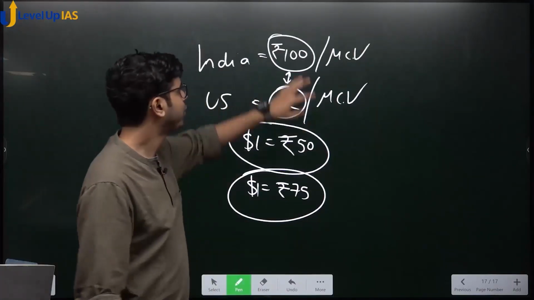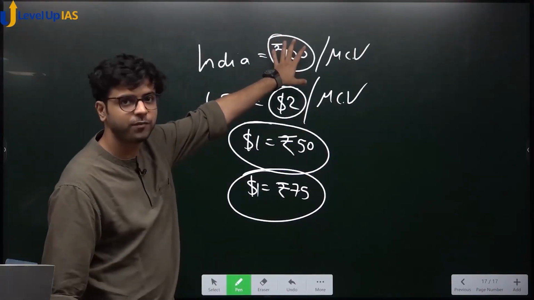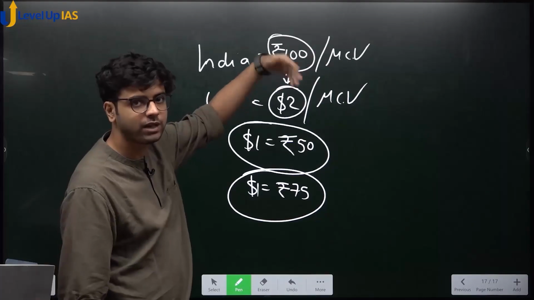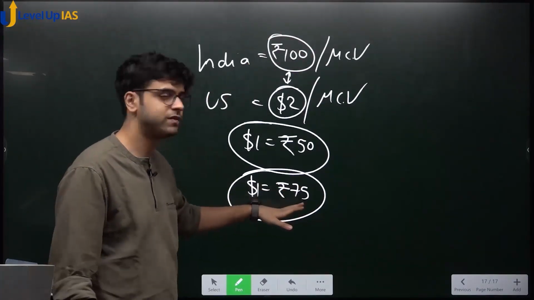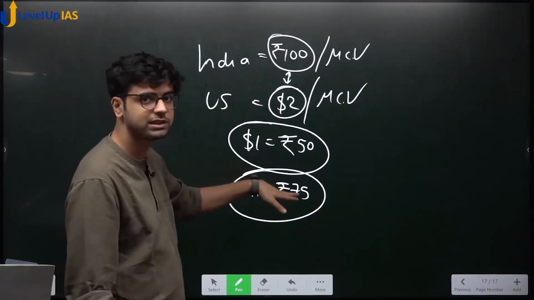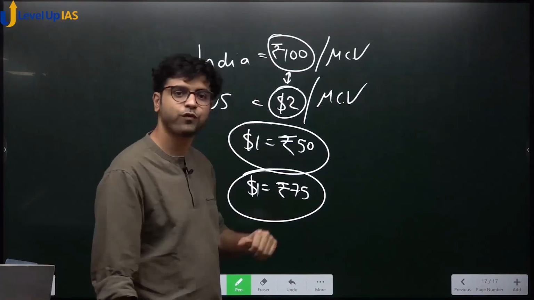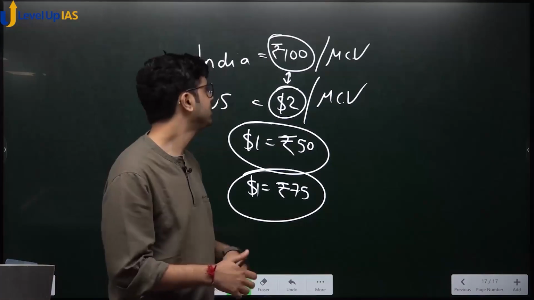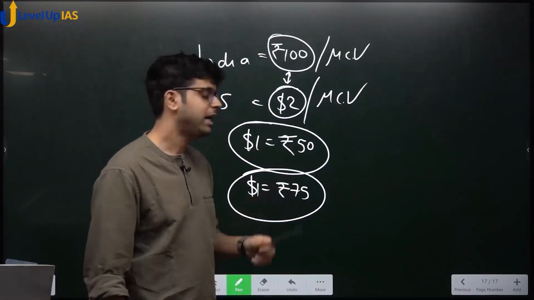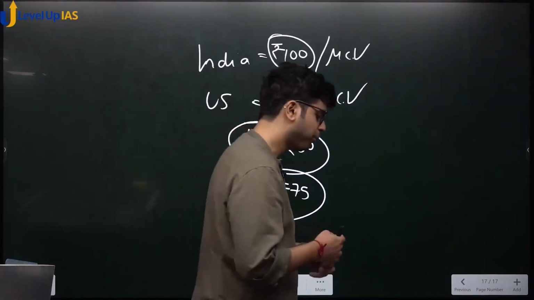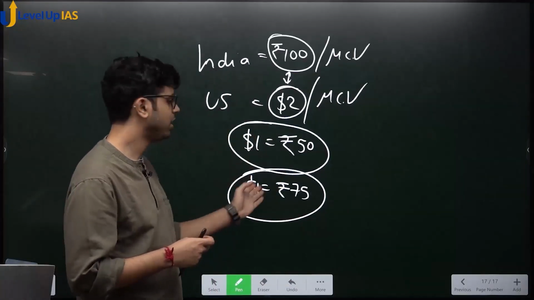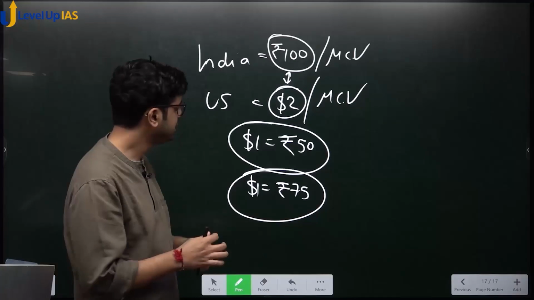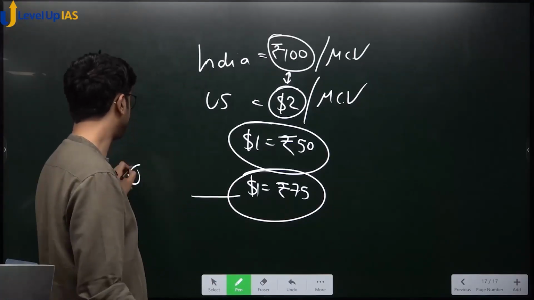Because if you take that 100 rupees for McVeggie, if you go to America and convert that into dollars, you will get less than $2 because it is 75 rupees for $1. Then you won't be able to afford McVeggie, yes or no? Because it is worth $2 there, right? So the point I am trying to make is $1 is 50 rupees, $1 is 75 rupees. This is known as the official exchange rate.